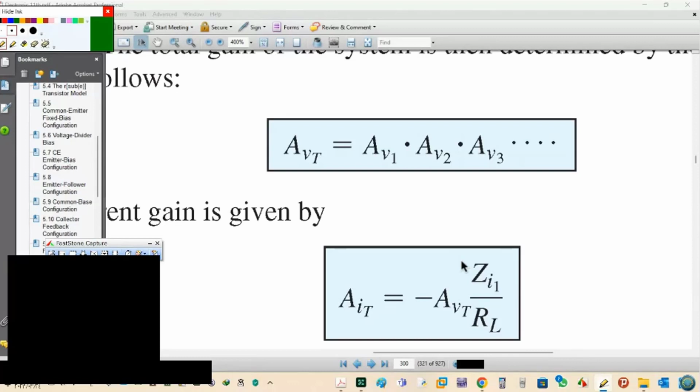Again, I will multiply the first one with the second one, with the third one, with the fourth one.